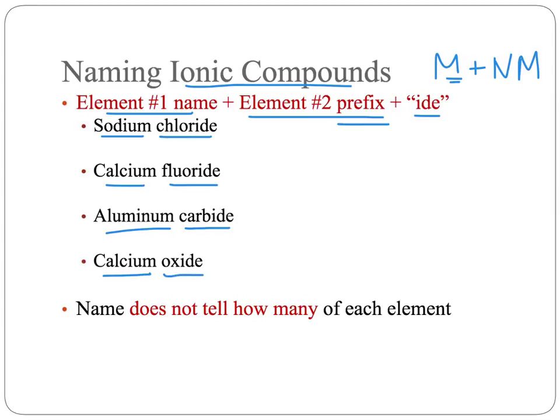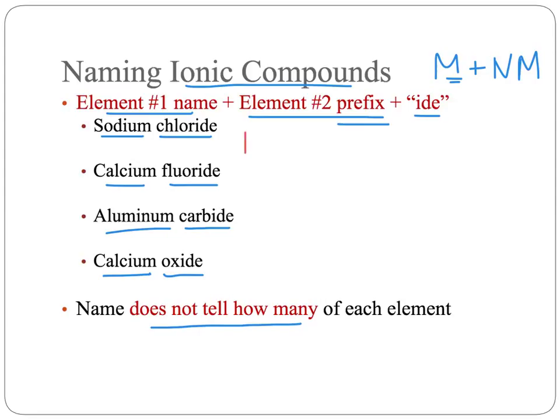It's a very simple process, but unfortunately with ionic compounds, the name does not tell you how many there are of each element. And so you have to do some memorization, either of individual formulas or of the charges that these ions form. And we'll be talking more about that as we go along. But just to give you an example of what these formulas really look like, and remember when you're making chemical formulas, you need to use those atomic symbols, those abbreviations for the names.